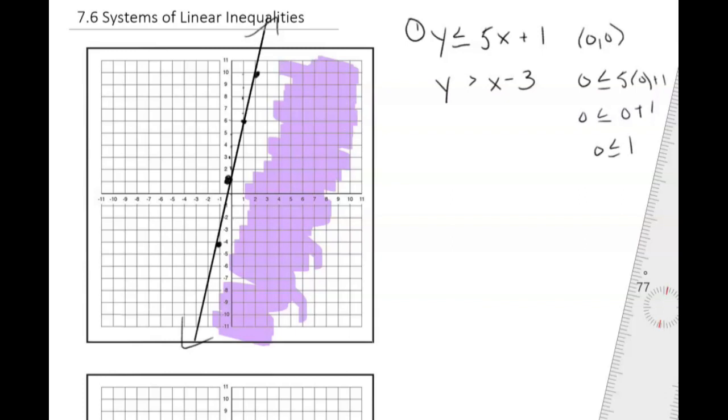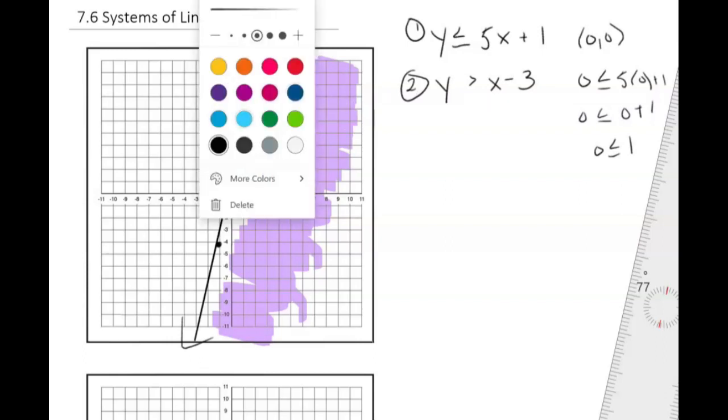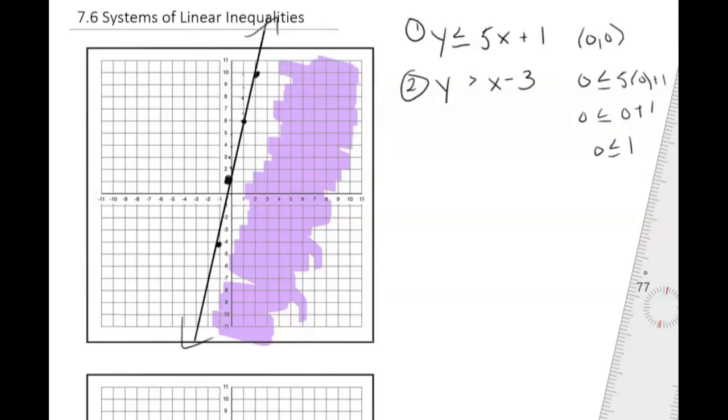Okay, let's start with the second inequality then. For this one, maybe I'll choose a different color pen. We start at -3, and this has a positive slope of 1. So up 1 over 1, up 1 over 1, up 1 over 1. You can go on forever if you'd like.